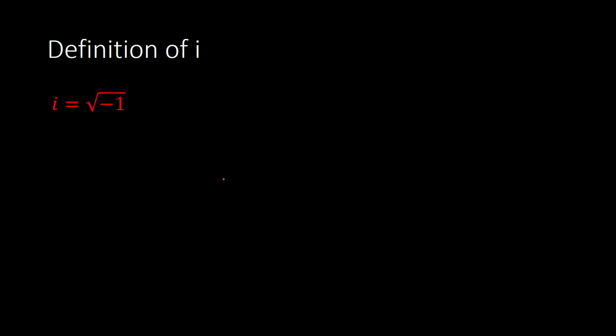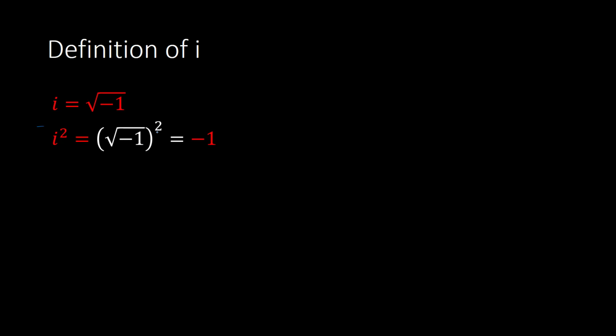So from here, we're going to build our mathematics around this definition. So from this point, we want to try to do other operations with this definition. So we will begin by trying to raise this to different powers. So for example, we will raise i to the second power. We're going to square i. When you square i, what we are doing is we are squaring this square root of -1, as you see right here.